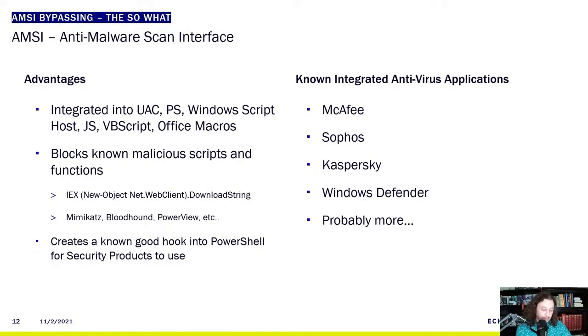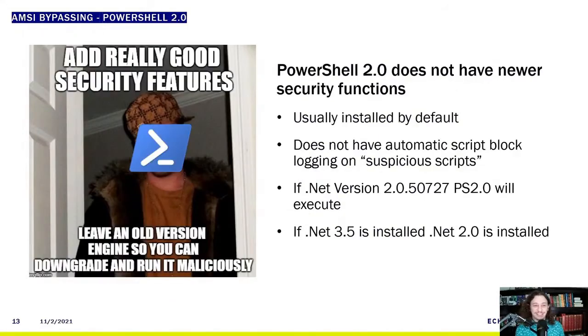Unfortunately, because Microsoft is always trying to do the backwards compatibility thing, there's a very easy bypass when it comes to AMSI, which is to just downgrade PowerShell. PowerShell 2.0 is installed by default, so it would be considered a living off the land binary.